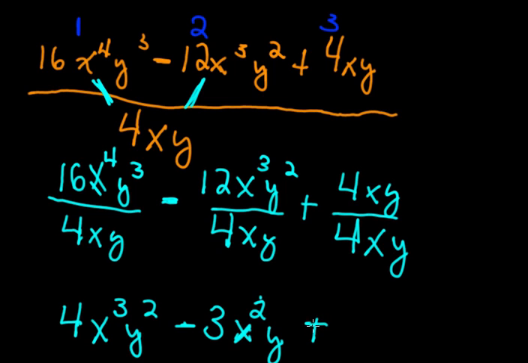And the last term's nice because anything divided by itself is 1. And so we get 4x cubed y squared minus 3x squared y plus 1. And so this is dividing polynomials by a monomial. Well, we can make this harder, and we will. We'll divide by polynomials. And we'll look specifically at dividing by a binomial next.